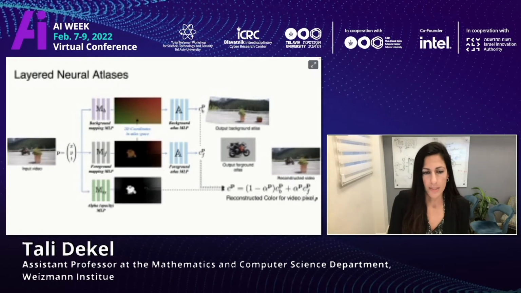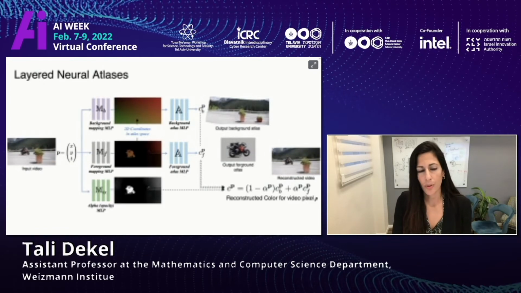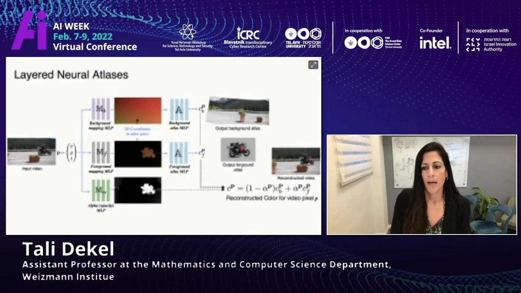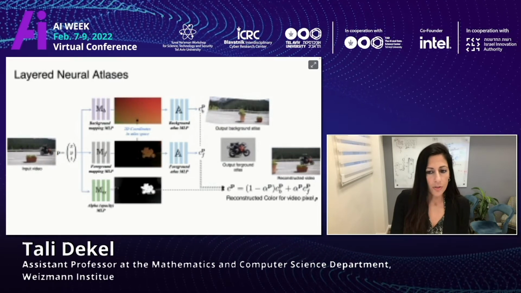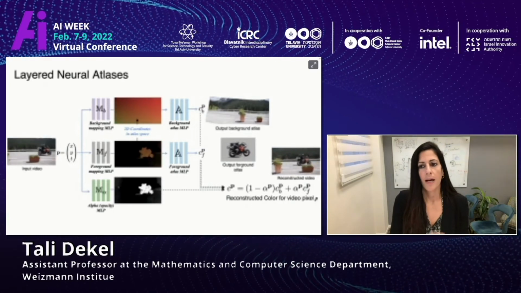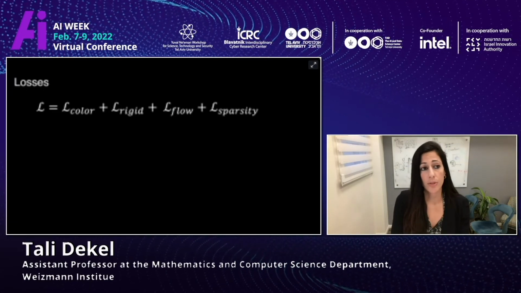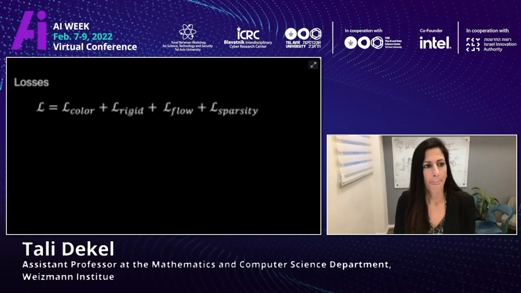So recall that the end goal here is to get atlases and layers that we can edit and interpret. And the reconstruction loss alone cannot achieve that. So we have additional loss terms, which allow us to achieve that, and I'm going to briefly describe each one of them.